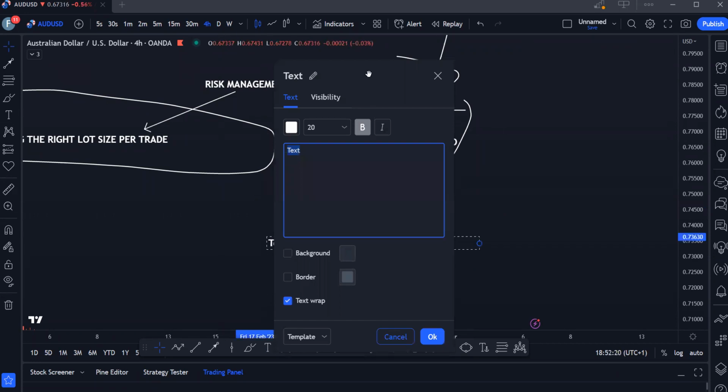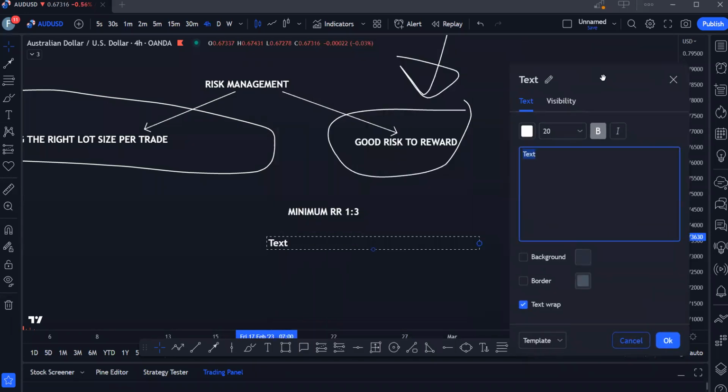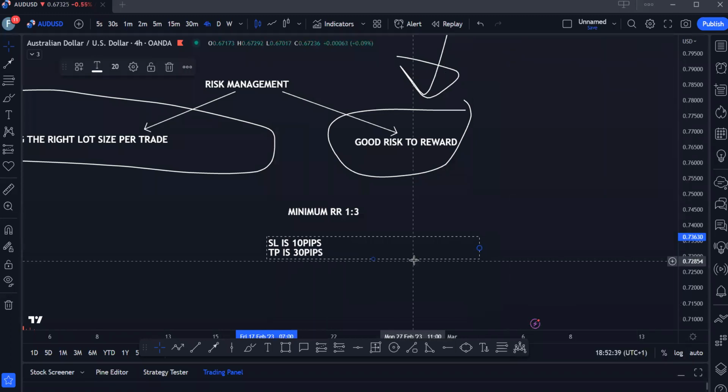So what it means is that if your stop loss is 10 pips, for example, then your trading system should be able to provide for you at least 30 pips take profit. Okay, that is 1 to 3.